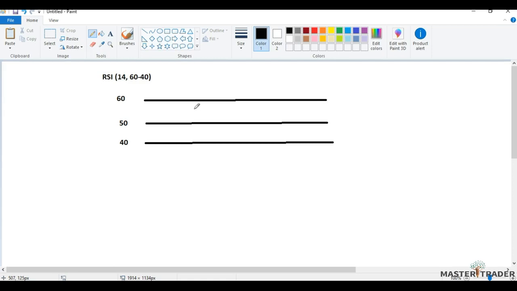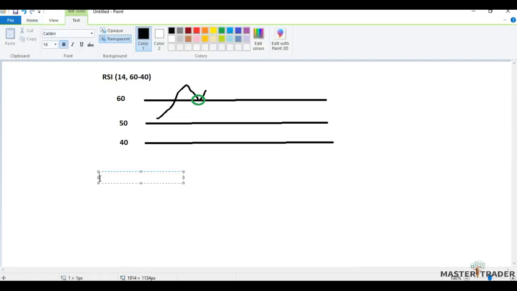Correct? So now let's say RSI goes above the 60 level, and now it pulls back, takes support, and moves up like this. When we see this on the charts, and we see that RSI has taken support here, let me do one thing.